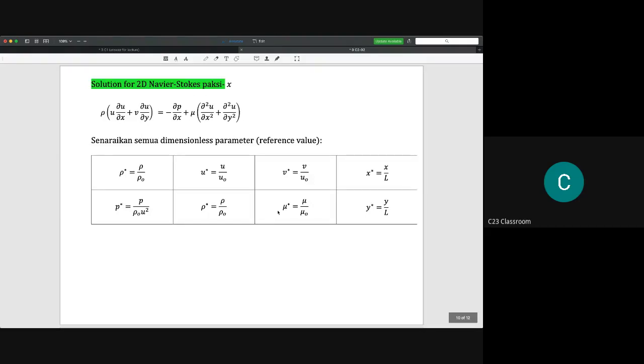So again, if we do the solution for 2D Navier-Stokes, we just use this one, for example, and these are all the dimensionless parameters.